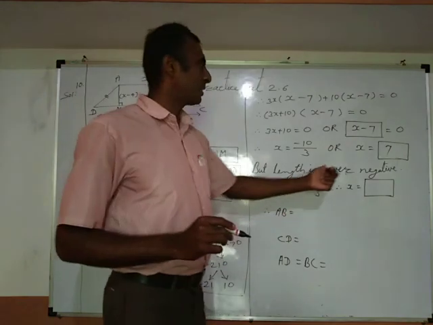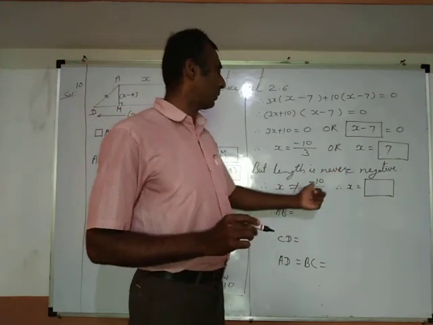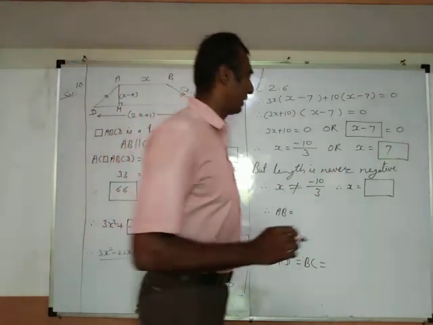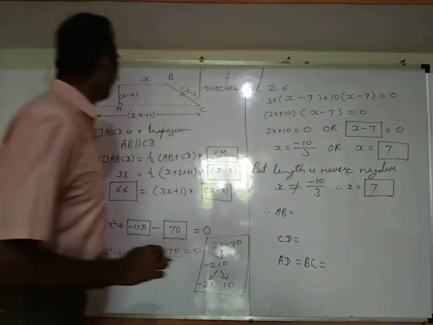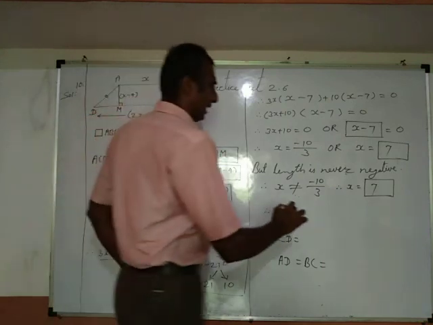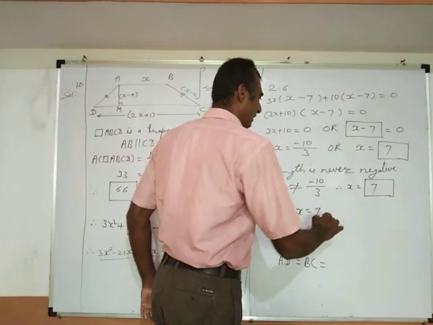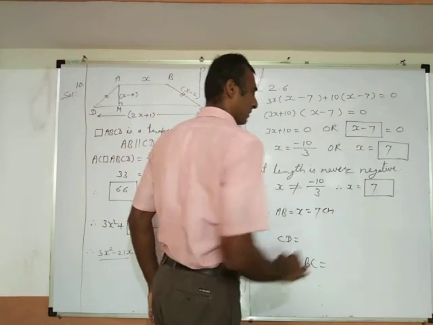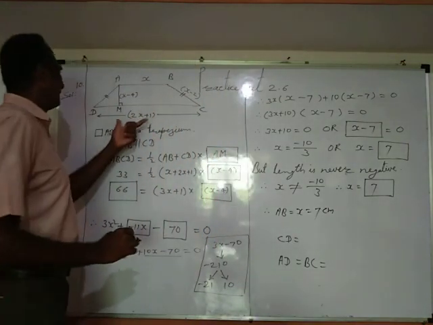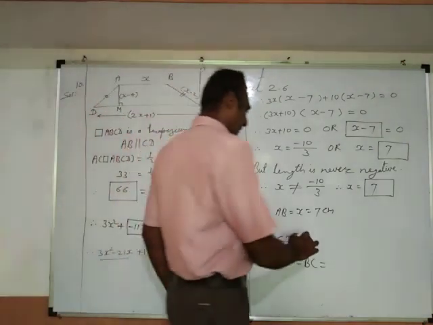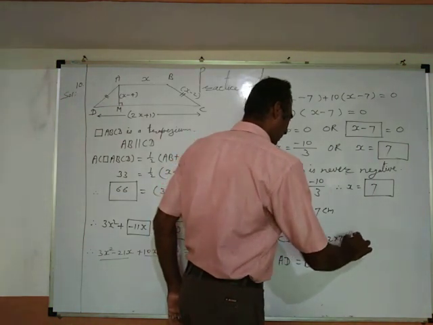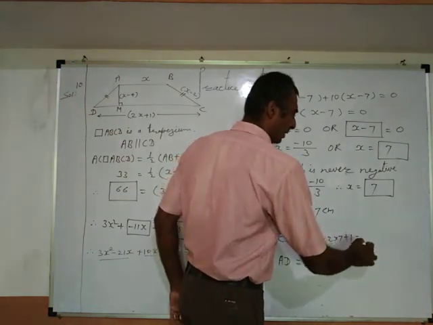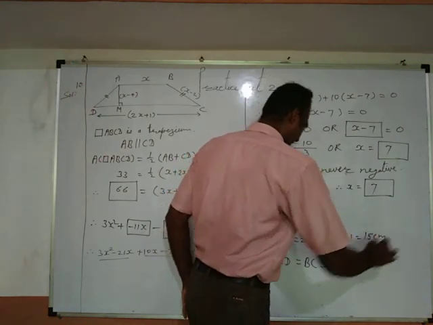But length is never negative, therefore x must not be equal to minus 10 upon 3, and therefore x must be 7. And therefore AB is x, and the value of x is 7. Unit provided is centimeter. CD equals 2x plus 1 equals 2 into 7 plus 1, 7 2s are 14 plus 1, 15 centimeter.